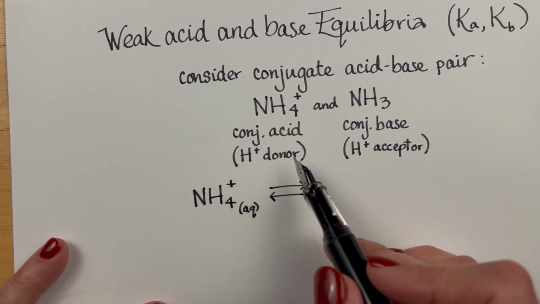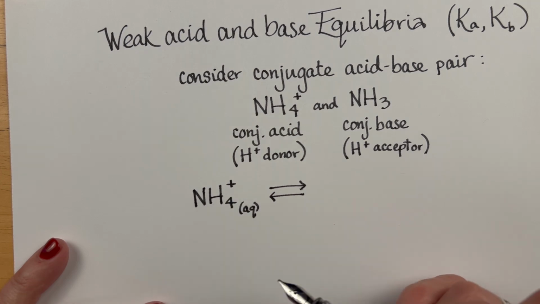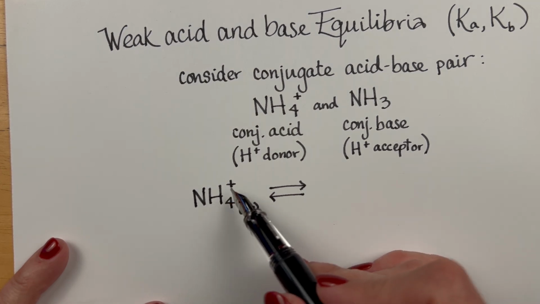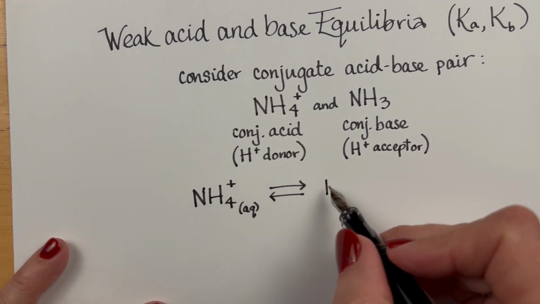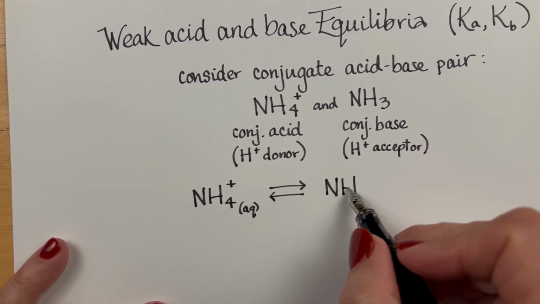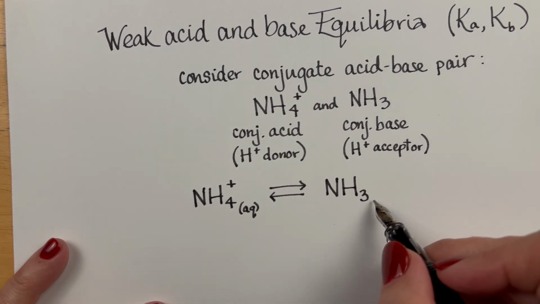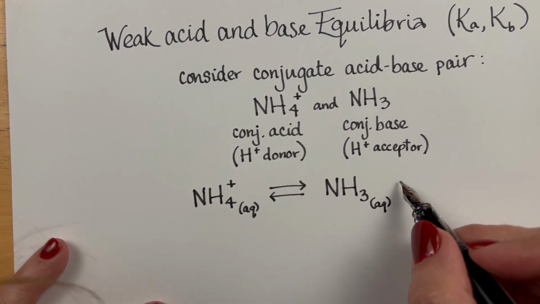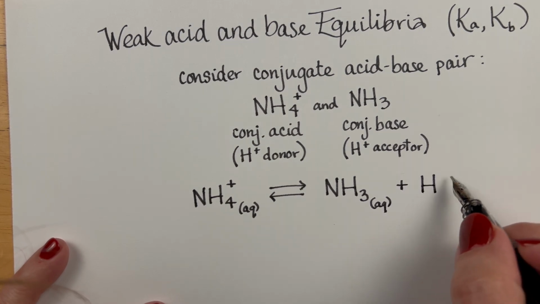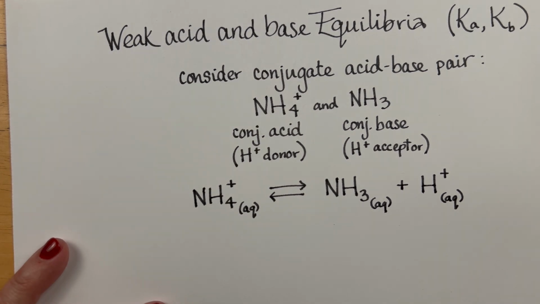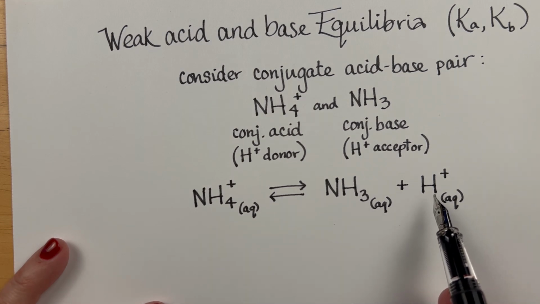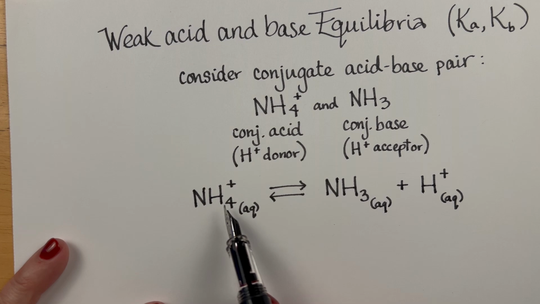Because this is a donor, it can lose a hydrogen ion. When this loses a hydrogen ion, it becomes NH3, also aqueous, and H plus. Okay. So here is the acid dissociation equilibrium that occurs for ammonium.